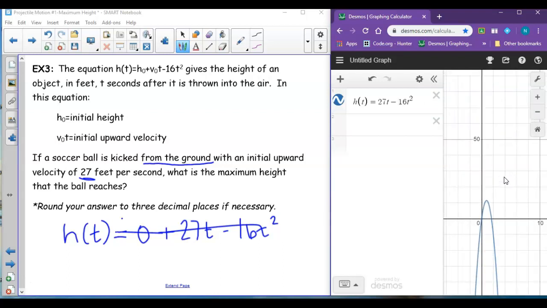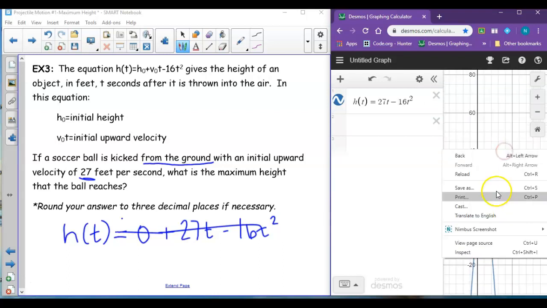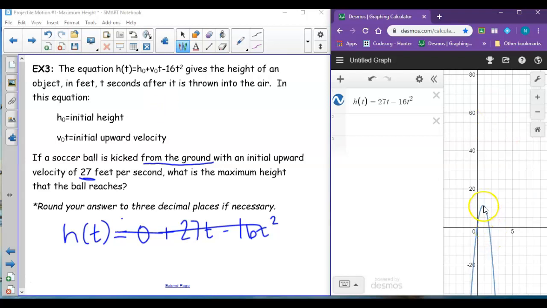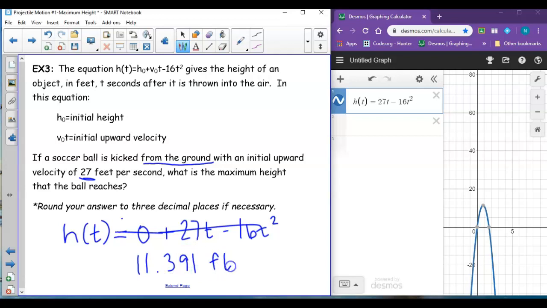So I'm going to zoom in a little bit down here on this, even though you don't really have to, because Desmos will give you that value. And so we see 11.391 feet. So this soccer ball would only go 11.391 feet in the air. That would be the maximum height.